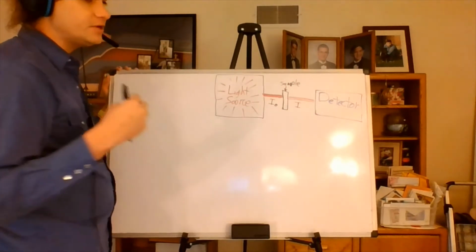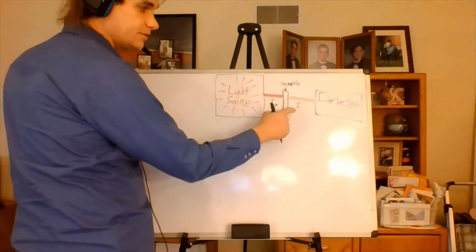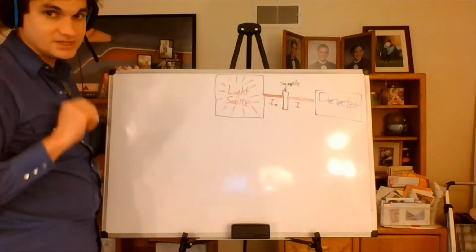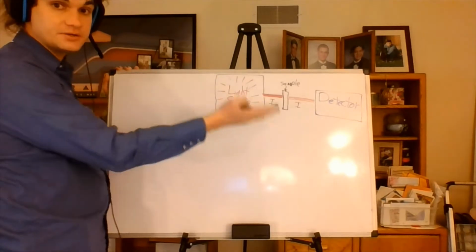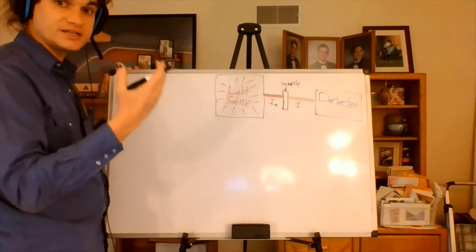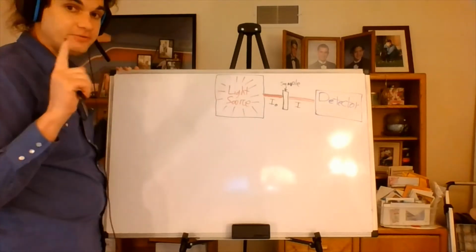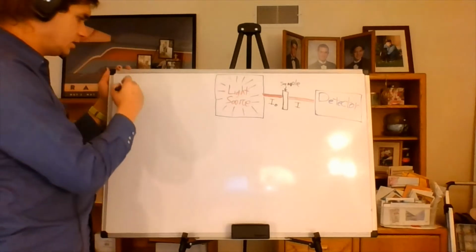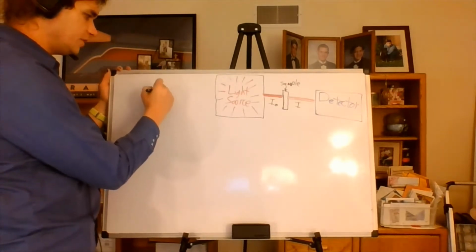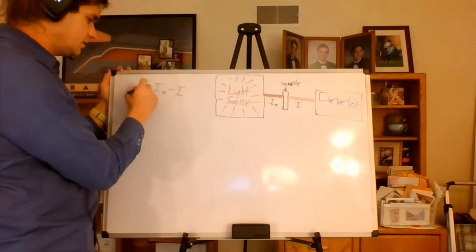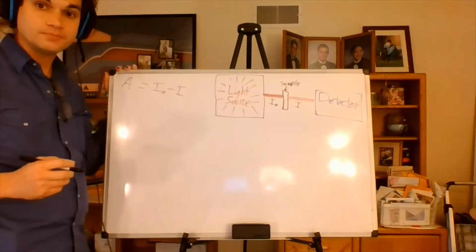Now, if we assume for the moment that the only difference between these two is light that's absorbed, that's not always the difference. Sometimes light is reflected, sometimes light is refracted, sometimes the light is scattered. But if we assume that that's the only difference between these two, then we can figure out what the difference is, and that is the absorbance.